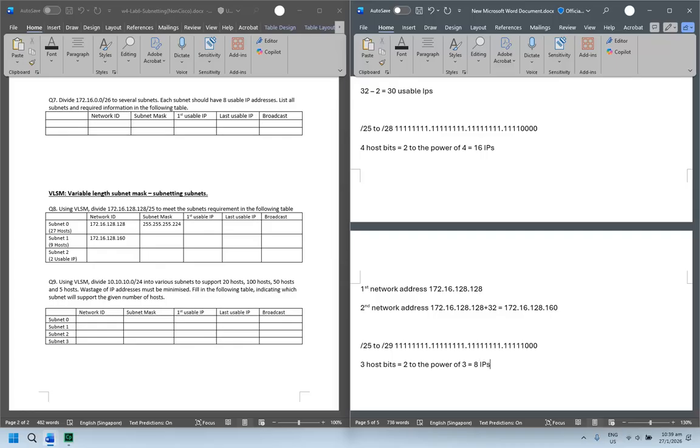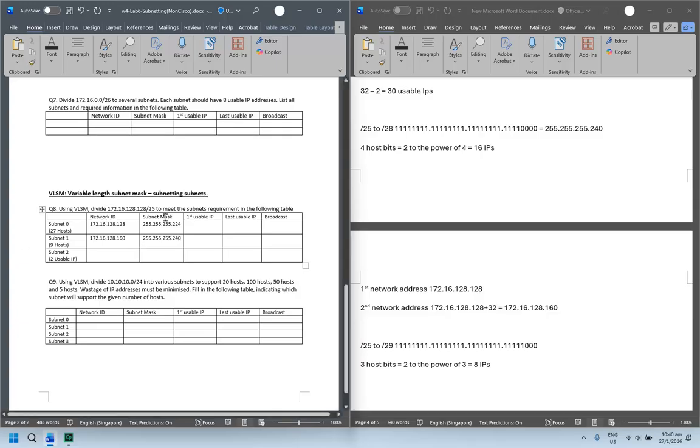So definitely not enough to support my host. So it means that the second subnet should be using the more appropriate subnet mask /28, which is 255.255.255.240. Okay, so now we have our second subnet mask.